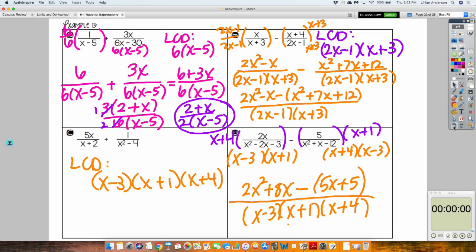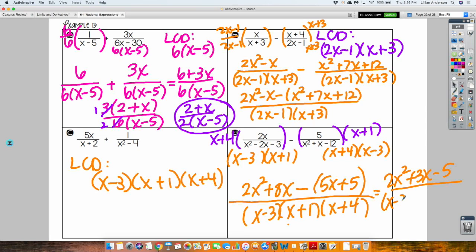When I distribute over that negative and combine like terms, what do I get? If I can simplify, I need to simplify.